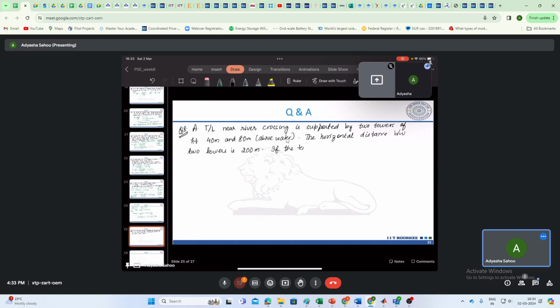If the tension of the conductor is 1500 kg, find the clearance in meter between the conductor and the water level at a point midway between the two towers.